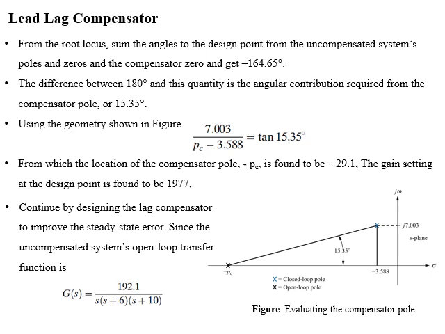Dear students, from the root locus, now we will find the angles of all the poles and zeros of the uncompensated system and the zero placed by a lead compensated system to the new design point, and then we will sum all these angles of uncompensated system poles and zeros and compensator zero, and will get the result of minus 164.65 degrees.